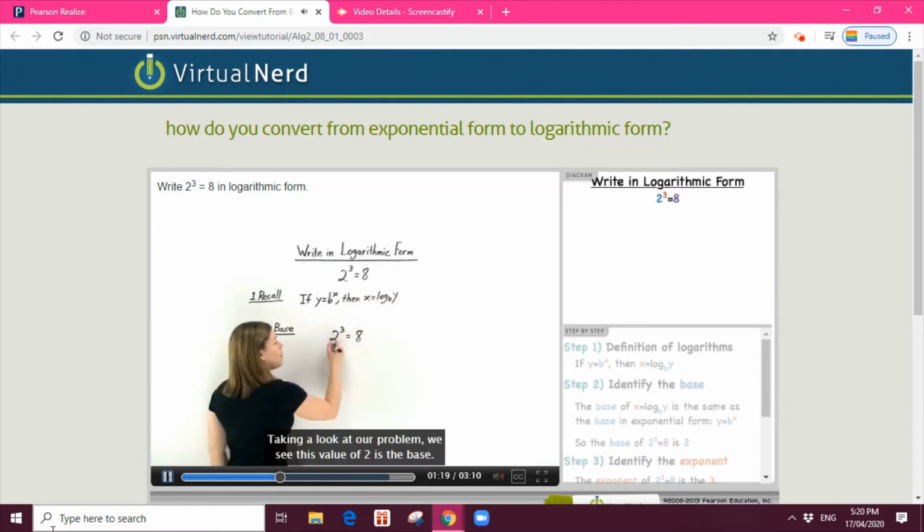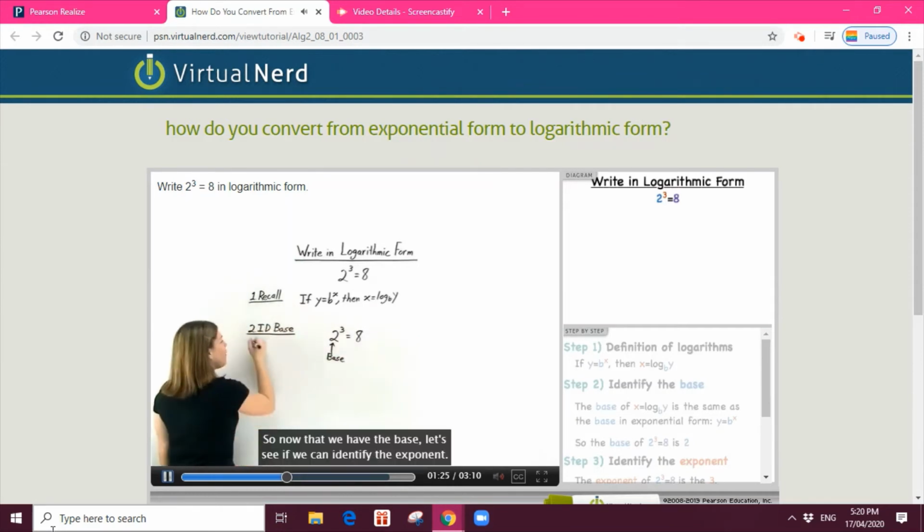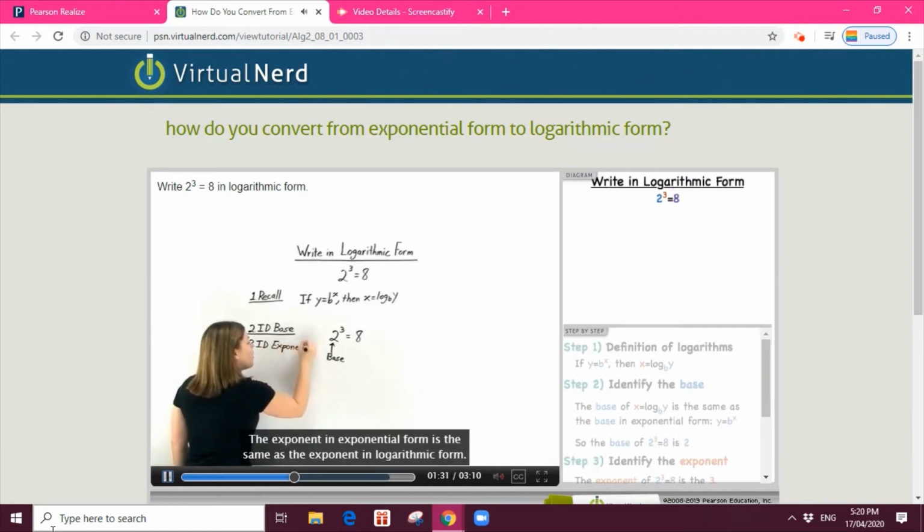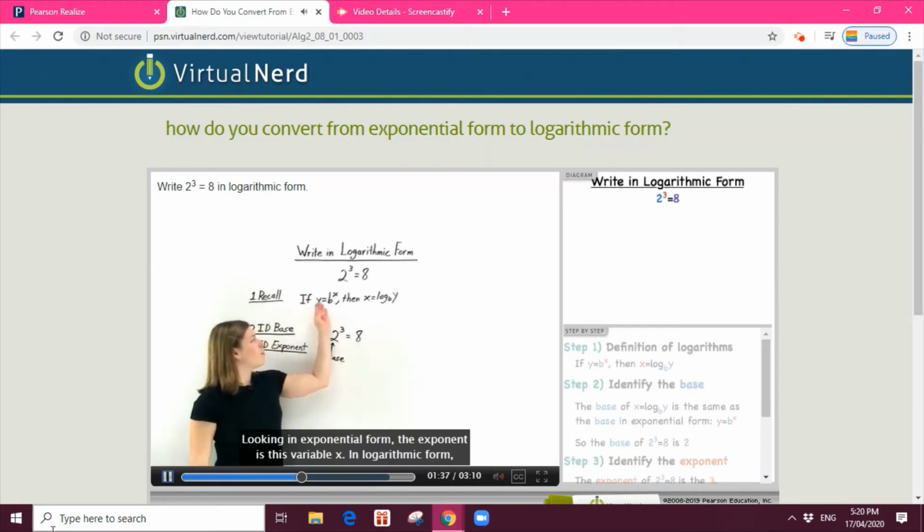Taking a look at our problem, we see this value of 2 is the base. So now that we have the base, let's see if we can identify the exponent. The exponent in exponential form is the same as the exponent in logarithmic form. Looking in exponential form, the exponent is this variable x.